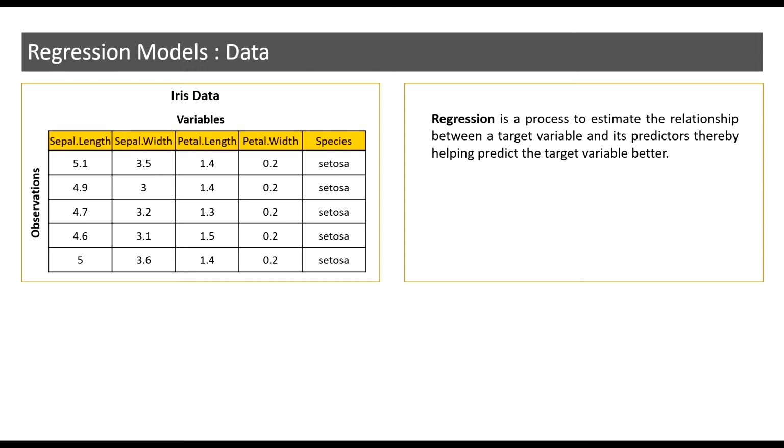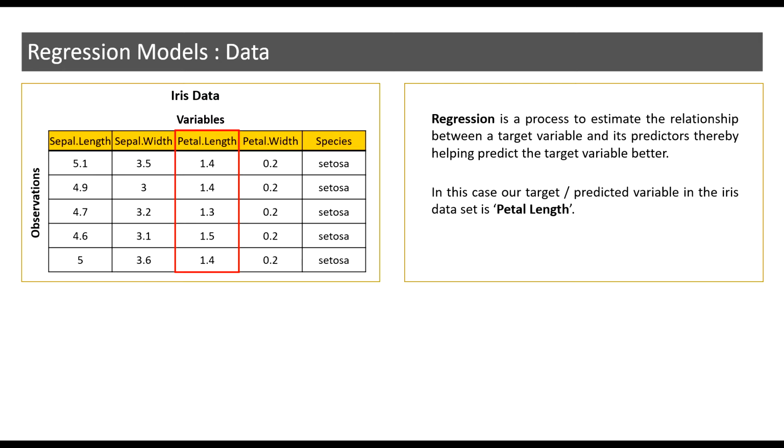Now, at this point, the terms target variable, y variable, and predicted variable will be used interchangeably. Also note that the terms predictors and x variables will also be used interchangeably. In this case, from the iris dataset, I have selected petal length as my target or predicted variable.